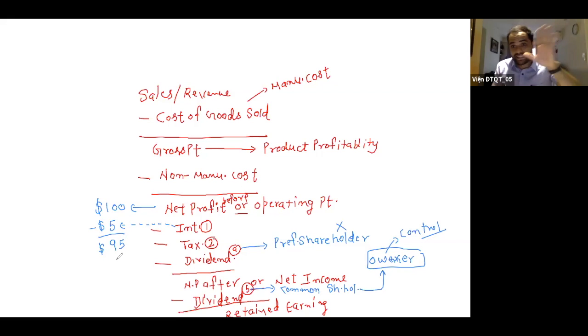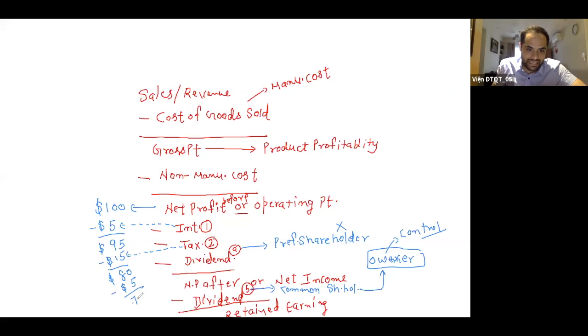Let's say after paying interest, I got 95, still profit, right? And I'm gonna pay $15 tax. So let's say minus $15 tax, which is here. Now I got 80, right? From this 80, I'm gonna pay dividend for preference shareholders. Let's say dividend is $5.